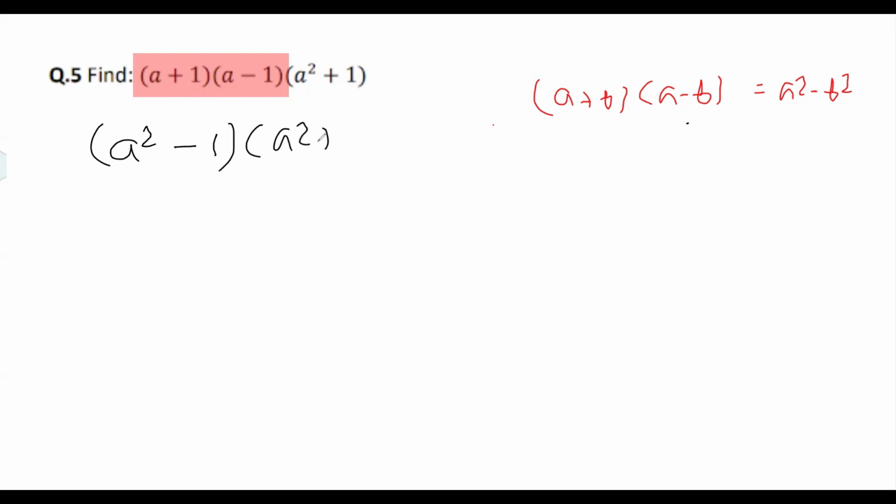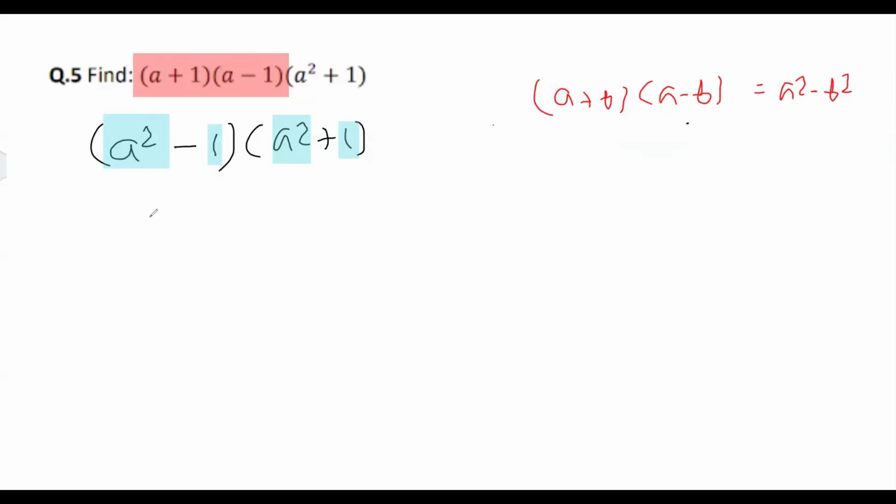Now, I'll copy this term, which is a square plus 1. Now check here, again, we can apply the same identity over here. This time I'm going to consider this as a and this as b. So you can see it is a plus b into a minus b. The order does not make a difference, whether you write this or this first.